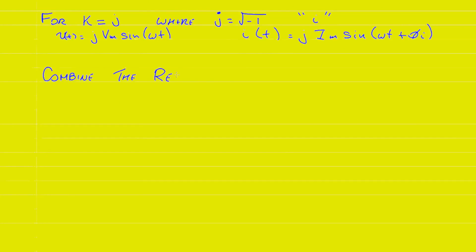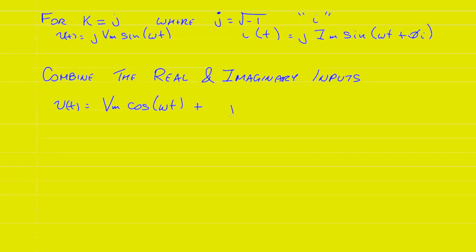Now let's combine the two inputs to have our input signal. V of t will be equal to Vm cos omega t plus the imaginary part, j times Vm sine omega t.